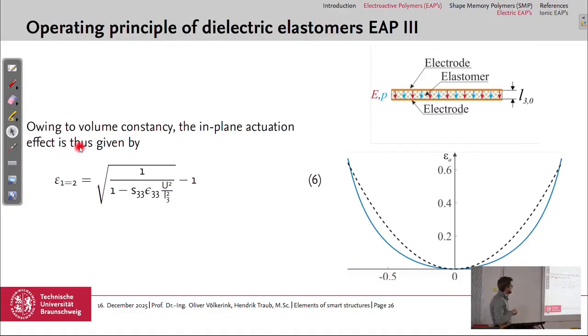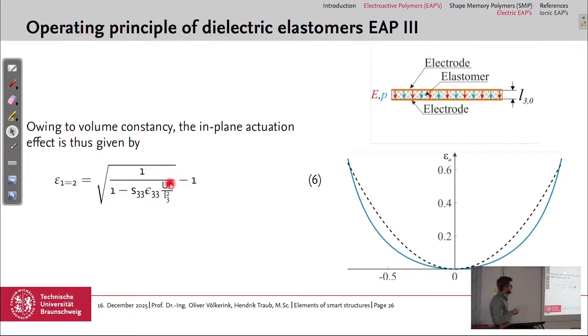Owing to the volume constancy, the in-plane actuation effect can be given by this equation. The strain in plane, so strain in 1 and 2 direction, is given by this equation. It depends on the compliance and also on the permittivity and the voltage and the distance between the electrodes.